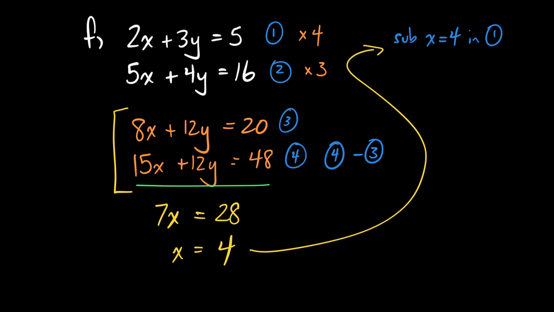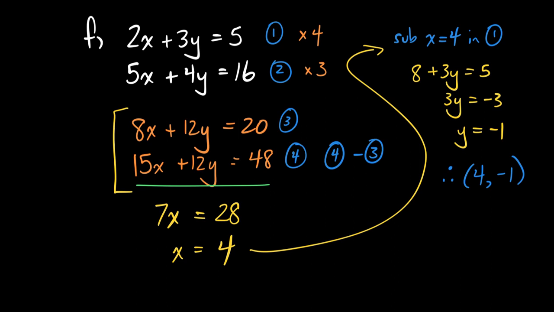When I do that, I'm going to get 8 plus 3y equals 5. So 3y equals negative 3 and y equals negative 1. State my final solution, my x value and my y value, and you now just solved a system that required manipulating both equations to use elimination.